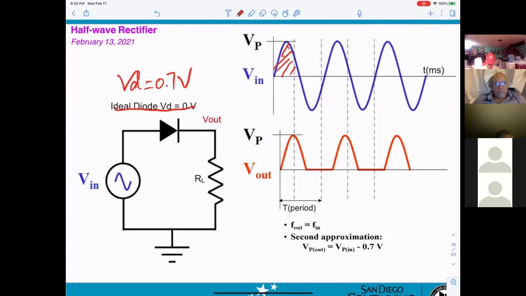For input positive, that means positive in here, and this will be ground. The diode will be on. Right?